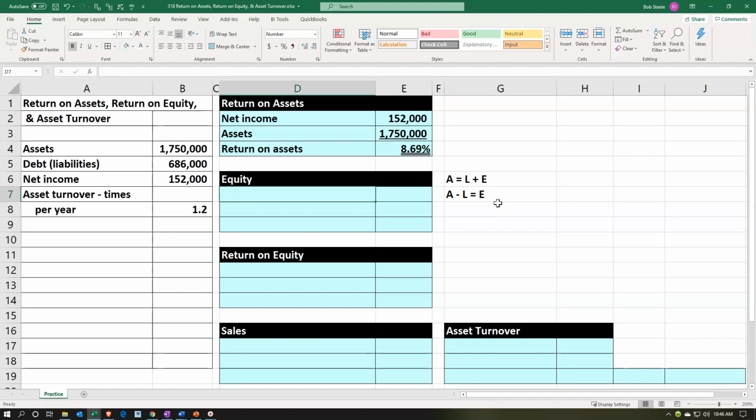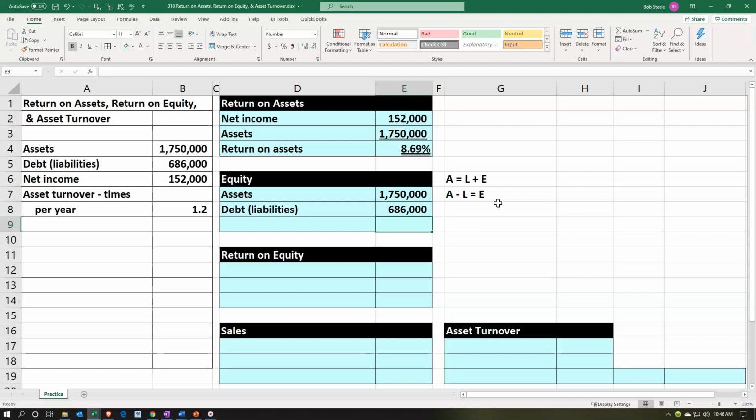So we're going to pick up then the assets. We're going to say the assets are going to be this 1750. We're going to be picking up the liabilities, and that's going to be the 686. Now we're talking about 2 accounts that are basically balance sheet accounts. So we're typically looking at the balance sheet, of course, which would simply be the end of the year.